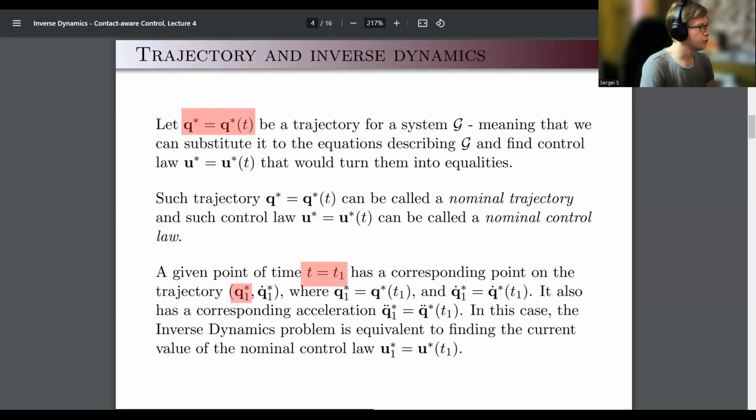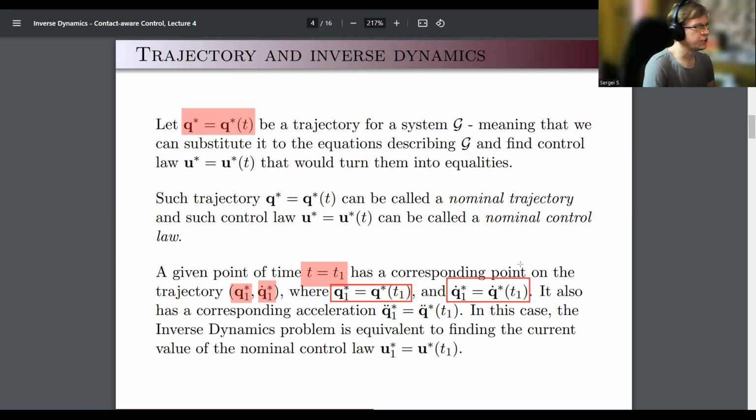And if we find the derivative of q of t, it will be q dot of t. It also has a correspondence to t1, right? So position on the trajectory is known, velocity along the trajectory is known. Okay. So we get it by this expression.